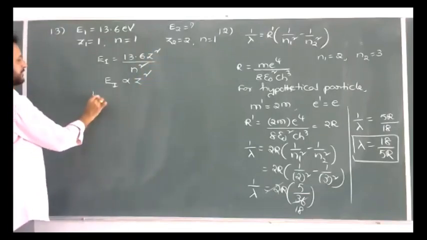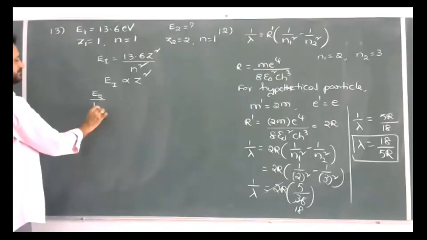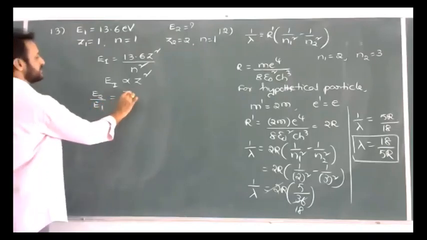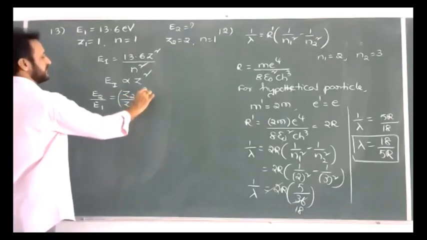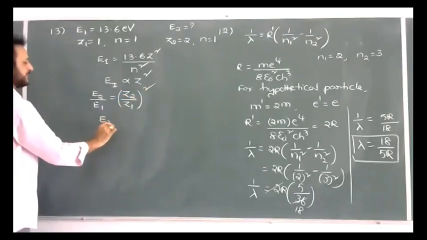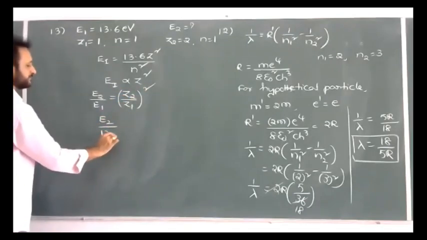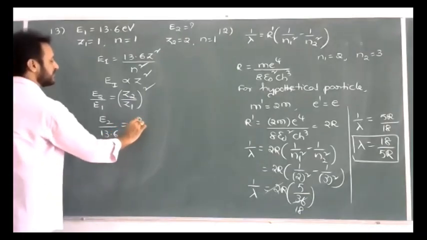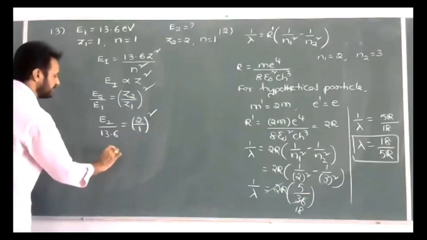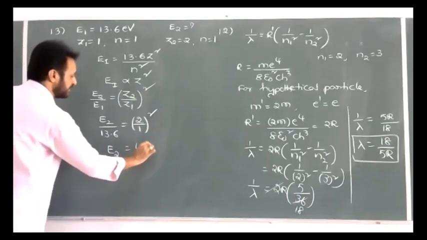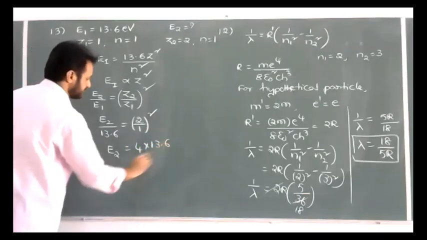Then you should write the formula E2 by E1 is equal to Z2 by Z1 whole square. That is E2 by 13.6 is equal to Z2 equal to 2 by Z1 equal to 1, whole square. Therefore, E2 is equal to 2 to the 4 into 13.6.